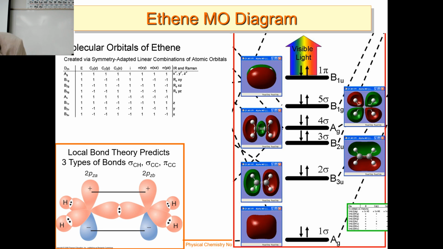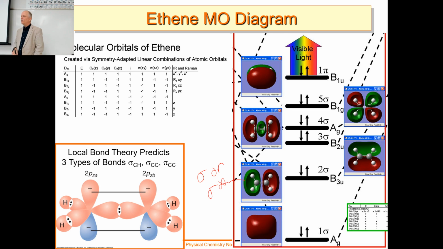Is this orbital here a sigma or sigma star? That was really quick. Okay. Why do you think sigma star? The node breaks a bond. Which bond does it break?